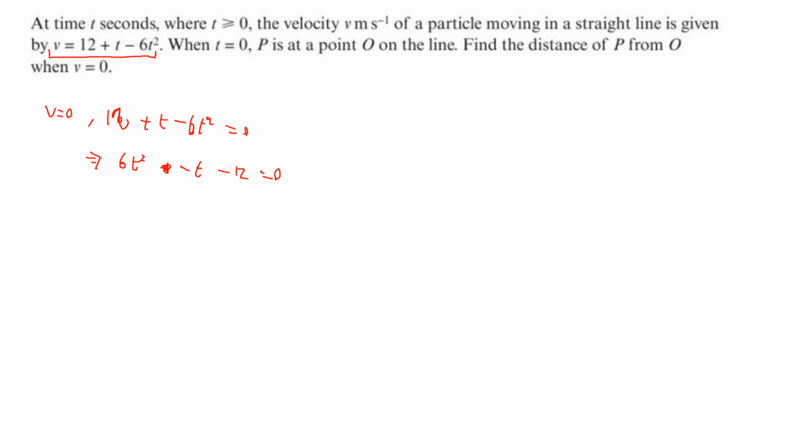Okay, sure. Alright, what are two numbers that add up to make minus 1 but multiply to make minus 72? 9 and 8, I think. So that'll be 6t squared minus 9t plus 8t minus 12.